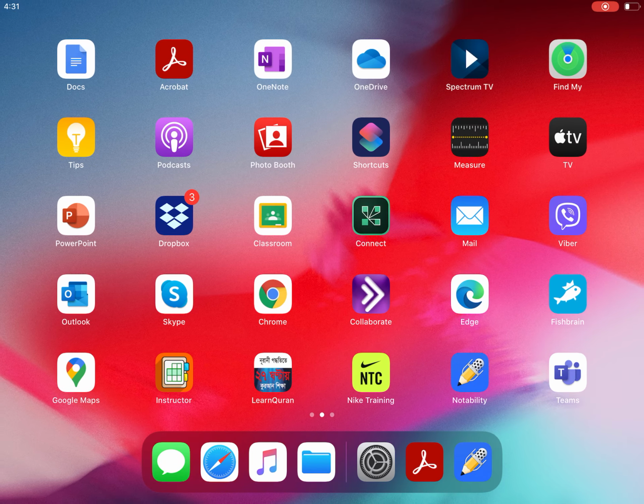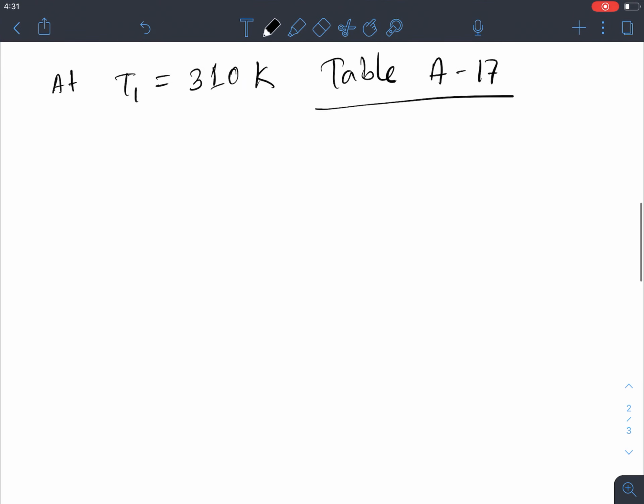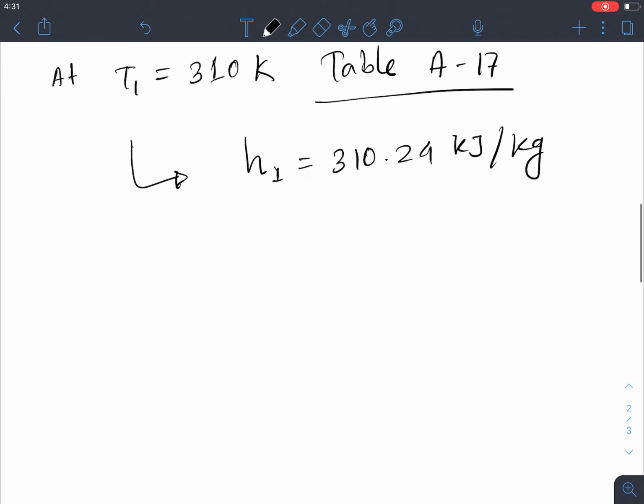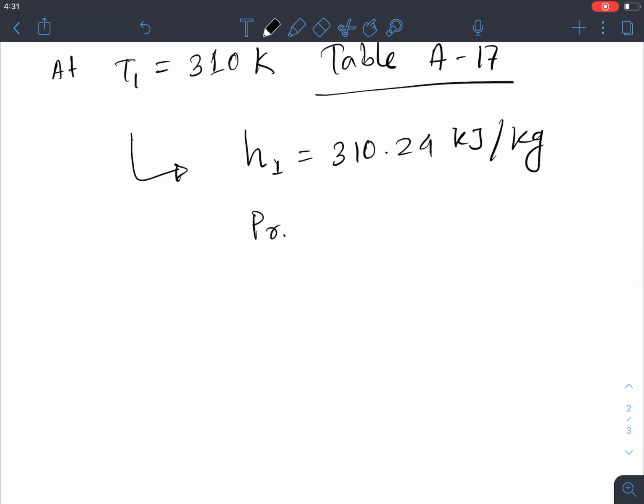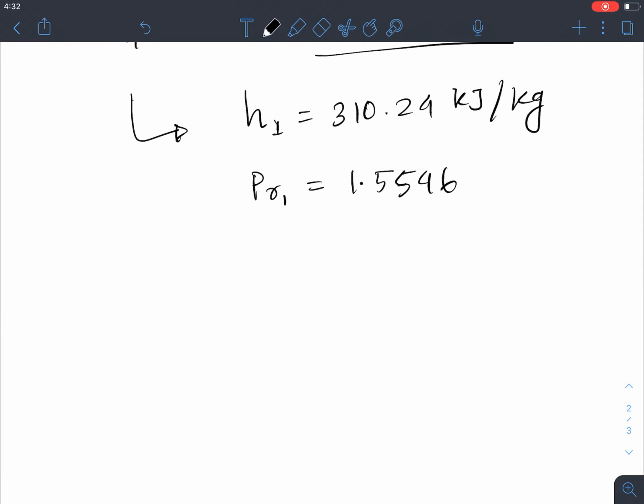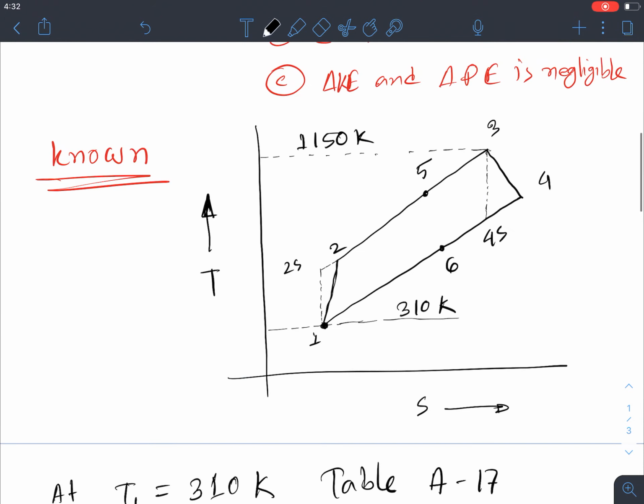So we need to record all of this information about state 1, or temperature 1. I already grabbed all this information. At 310 Kelvin, the enthalpy H1 is 310.24 kilojoule per kg.